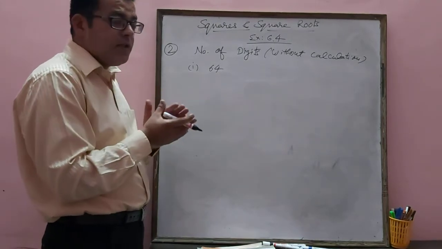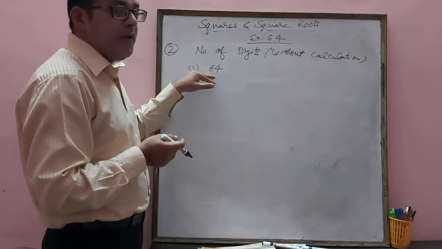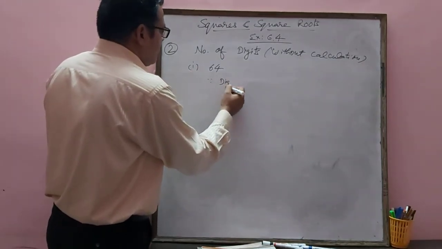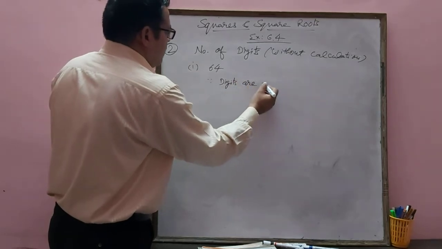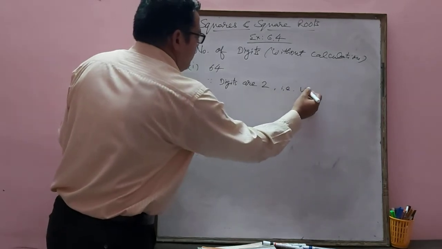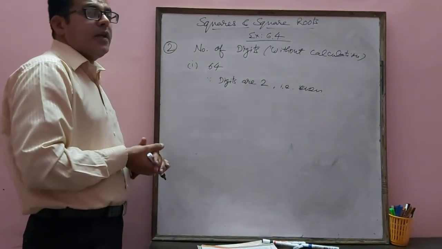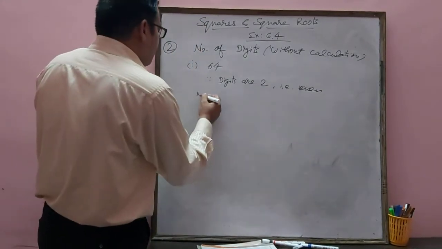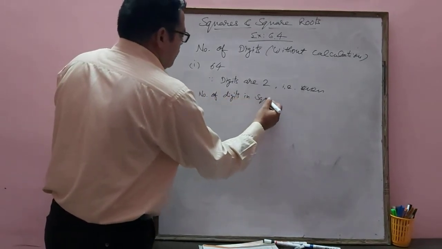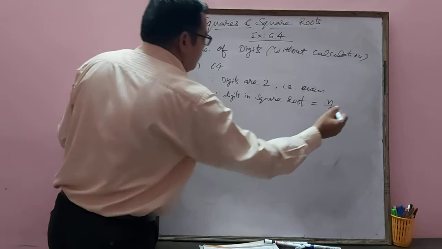There is a rule, a formula for this. If the number of digits is even, here two digits are there, which is an even number of digits, then the formula is: number of digits in the square root equals n by 2.